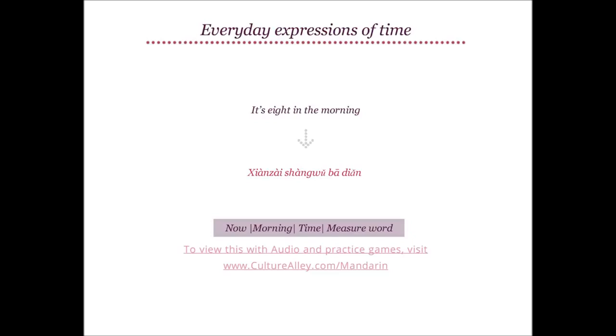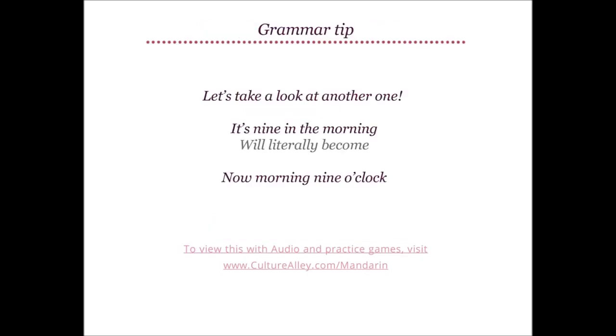Thus, it's 8 in the morning is translated as 现在上午八点. Note that the structure remains as now, morning, time, measure word. Good! Now let's take a look at another one.